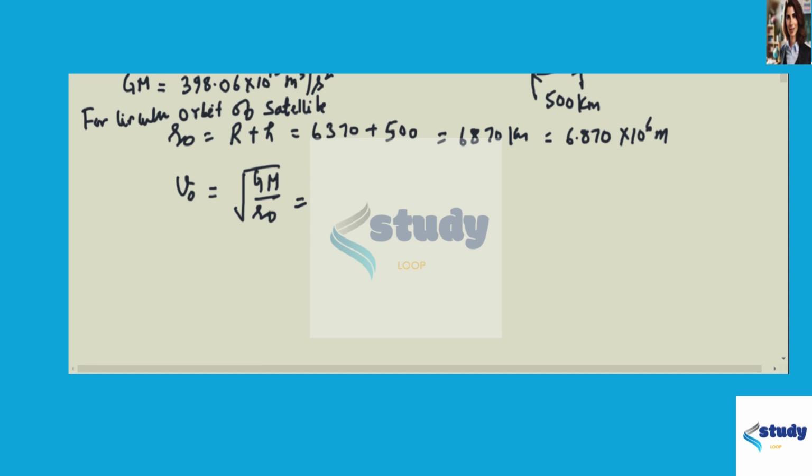Calculate the value: GM is 398.06 into 10 to the power 12, and r naught is 6.870 into 10 to the power 6. So the orbital velocity of the satellite you will get as 7.6619.